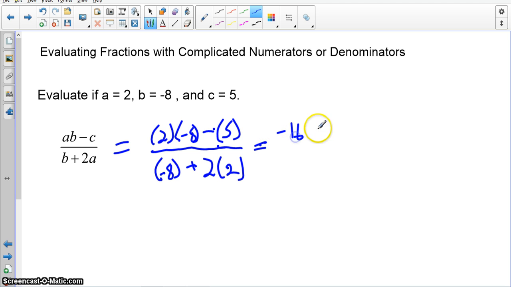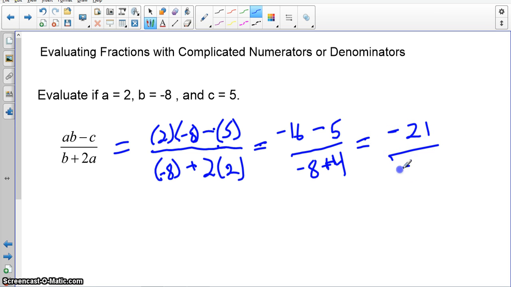Negative 16 minus 5. Negative 8. So negative 21 over negative 4. And then, of course, two negatives divide to make a positive, 21 over 4.